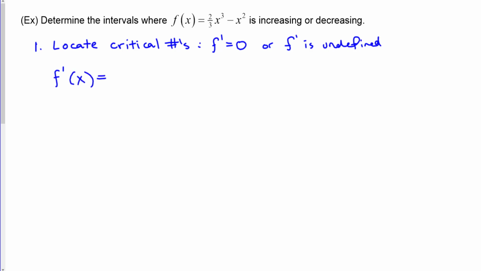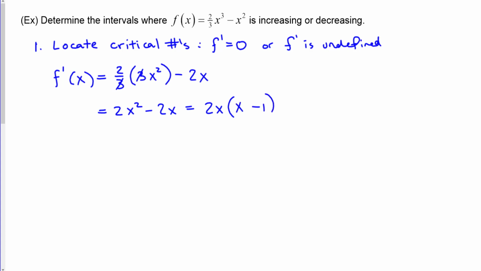The first derivative here would be 2/3 of 3x squared minus 2x. These 3's cancel, and I'm left with 2x squared minus 2x, which can be factored, and leaves me with 2x times x minus 1.